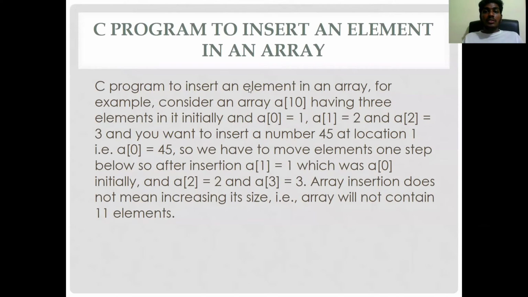C program to insert an element in an array. For example, consider an array having 3 elements in it initially: a0 at index 0, a1 at index 1 equal to 2, and at index 2 it is 3, and you want to insert the number 45 at location 1, that is a0 equals 45, so we have to move the elements one step below.